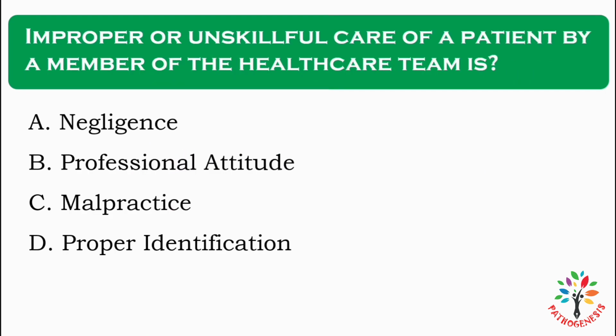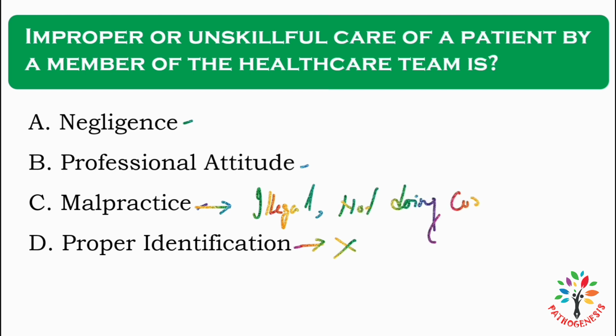Improper or unskillful care of a patient by a member of the healthcare team is negligence, professional attitude, malpractice, or proper identification. Proper identification is not related to improper or unskillful care. Malpractice means doing something illegal or improper, or not doing something correctly.